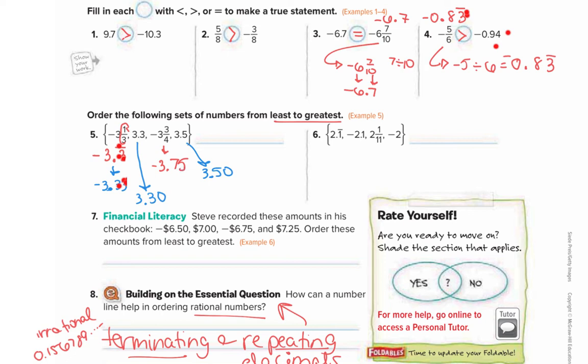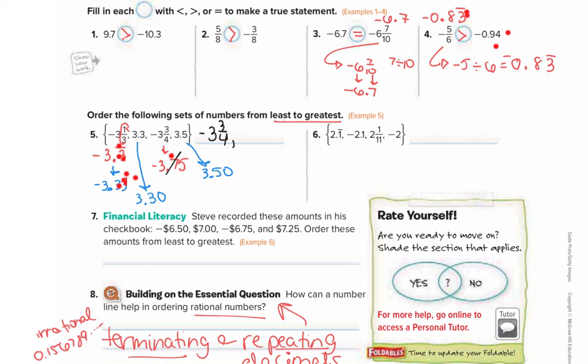So we have 2 negative numbers. So those are going to be the least, so we should look at those first. Negative 3.33 and negative 3.75. So negative 3.75 is the least, which was negative 3 3/4.